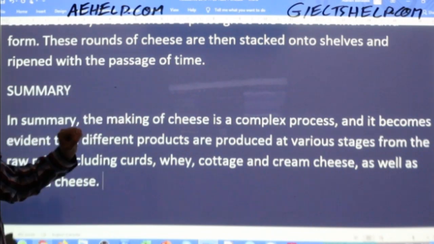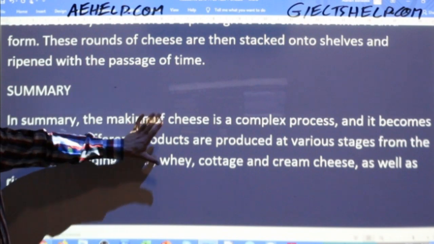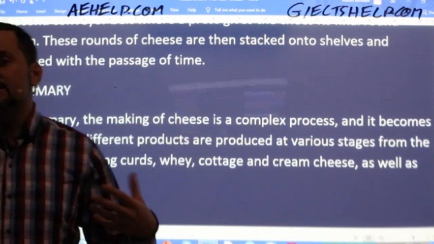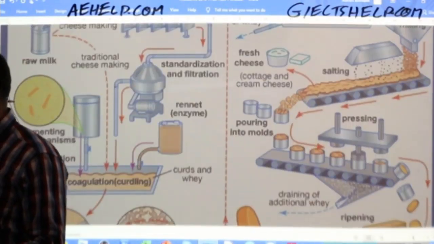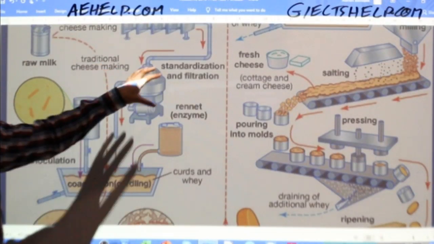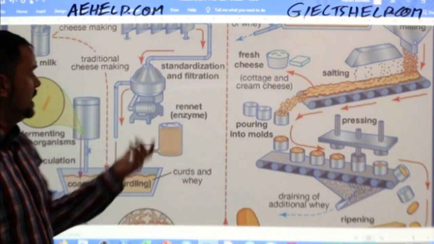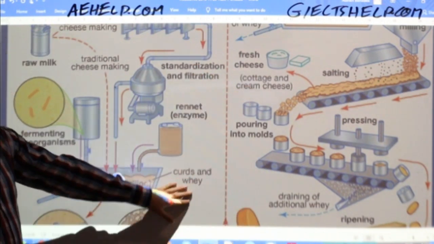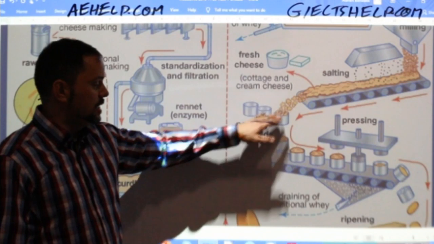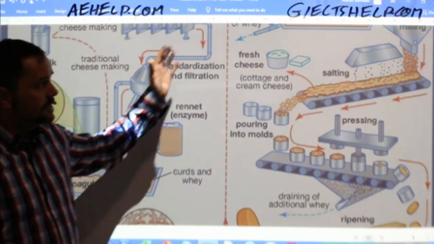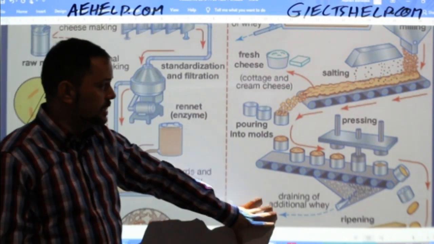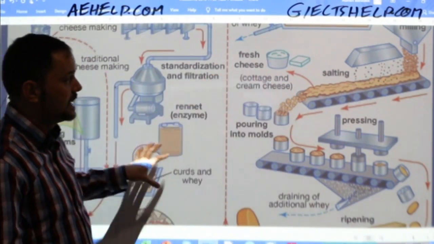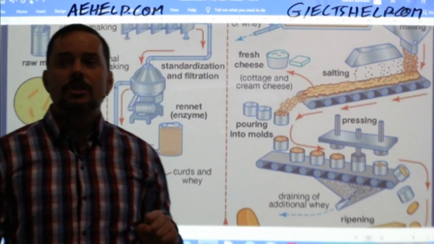It only took me about 30 seconds to come up with this summary. And it wasn't that difficult because after writing all of the different elements of this process, I did realize that, hey, wait a second, I have curds and whey, I have cottage and cream cheese, I have cheese rounds. So yes, this is a long process, but we're not really just making one kind of cheese here. In fact, we're making several different products throughout.